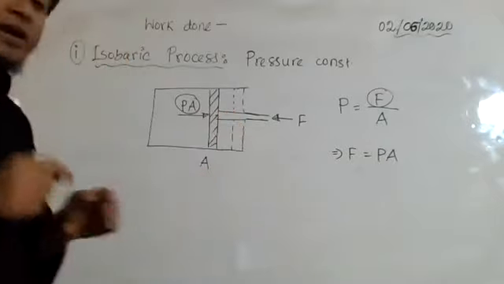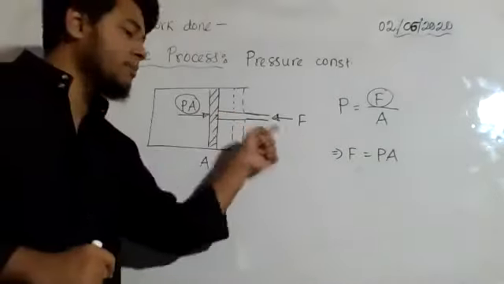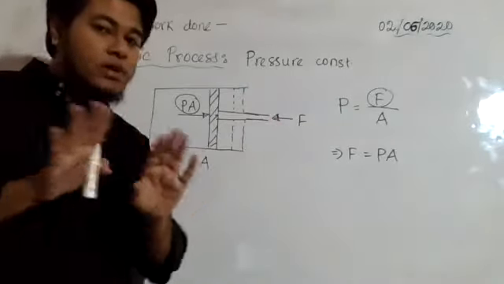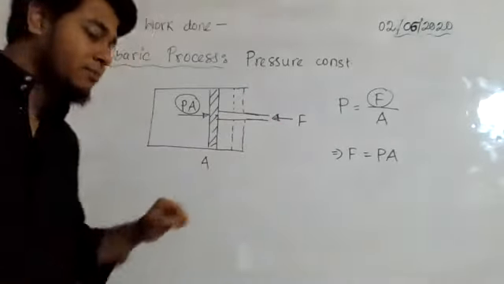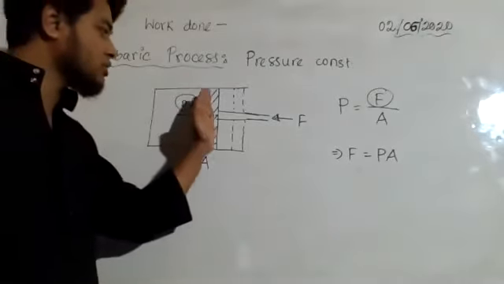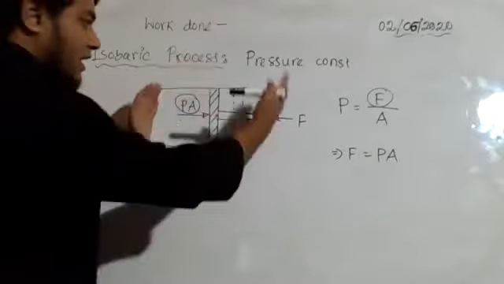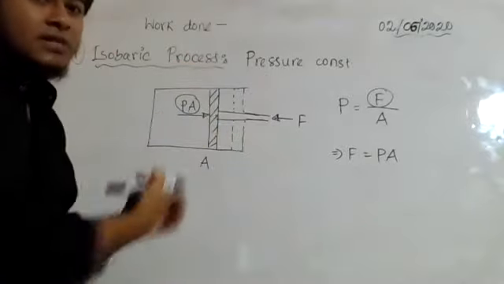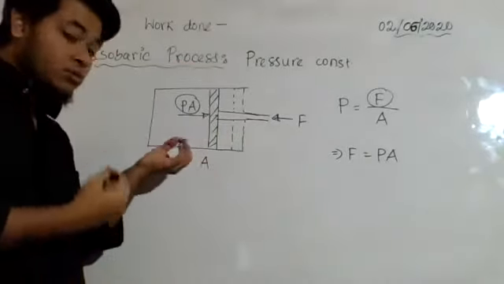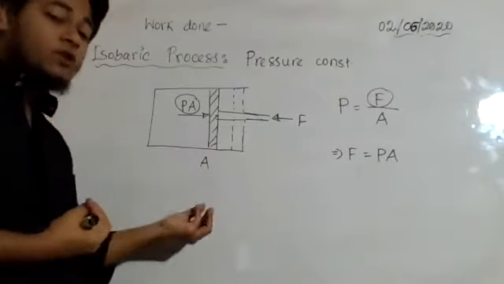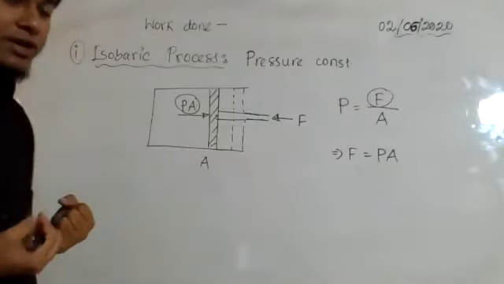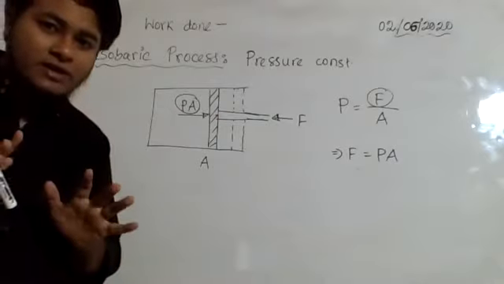We are not applying any force to balance it. So as a result, the piston will move in the rightward direction. Or if the piston were kept in the vertical direction, it would have moved upward. Correct? Does anybody have any doubt?